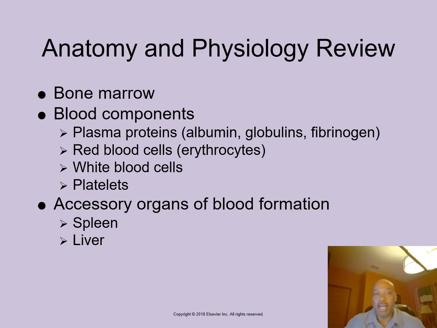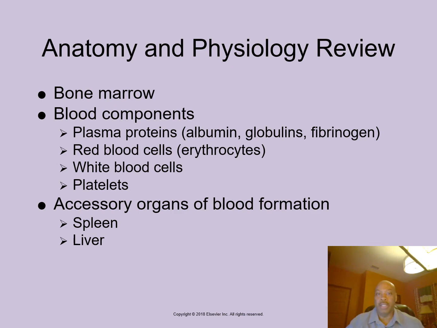The first one is albumin, and albumin maintains what we call osmotic or oncotic pressure, the pressure of the blood. Basically, it keeps the plasma that is within our vascular system from leaking into our surrounding tissue.